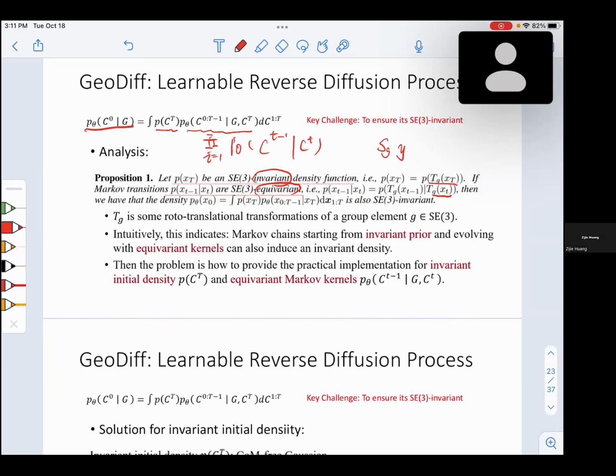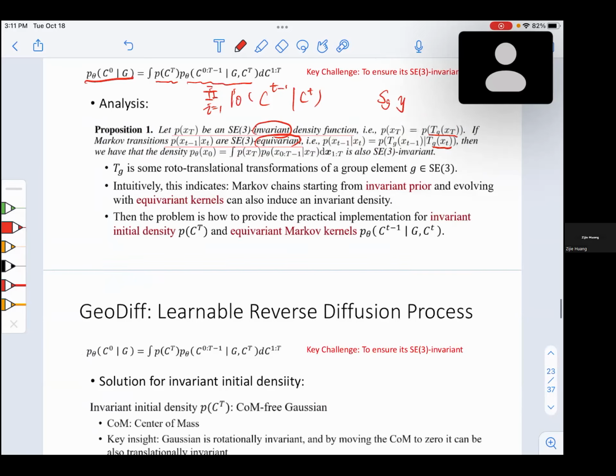So what they need to do next is satisfy these two constraints. Firstly, they need to find an invariant initial density for p(CT), and secondly, they need to find equivariant Markov kernels defined for CT-1 given G and CT.